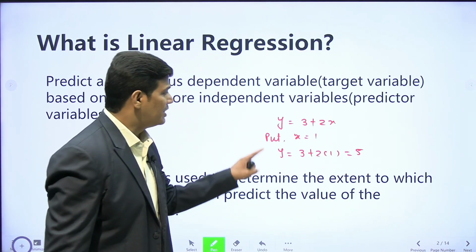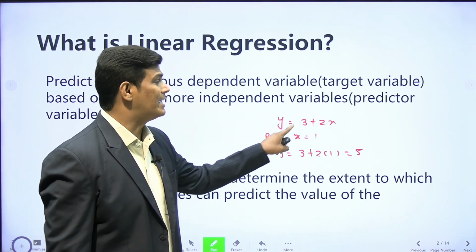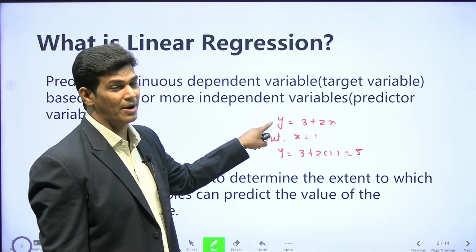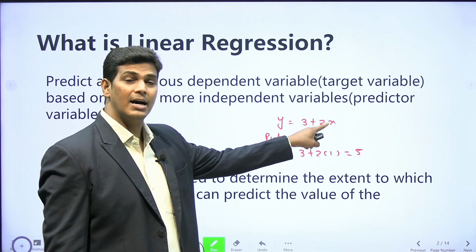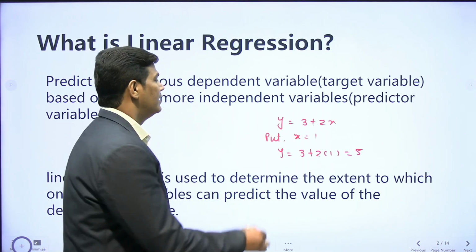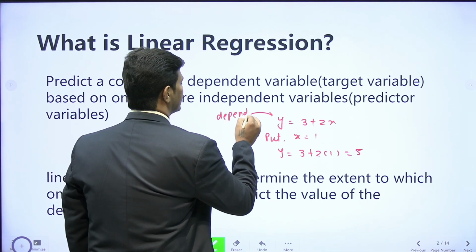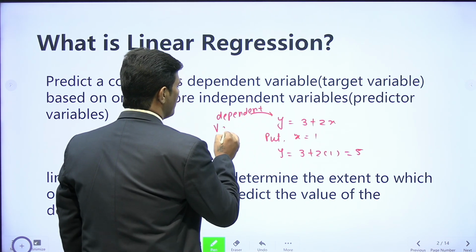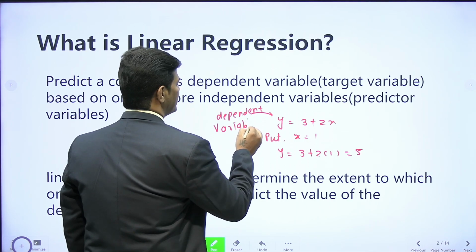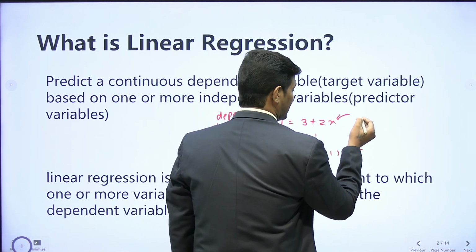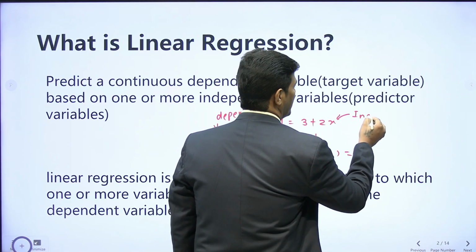That means the value of y is totally dependent on variable x. So in order to calculate the value of y, we require the value of x. Here y is known as the dependent variable, and this x is known as the independent variable.